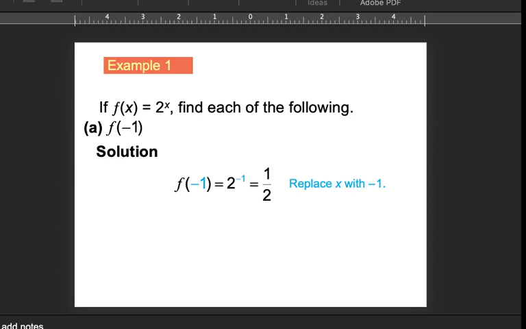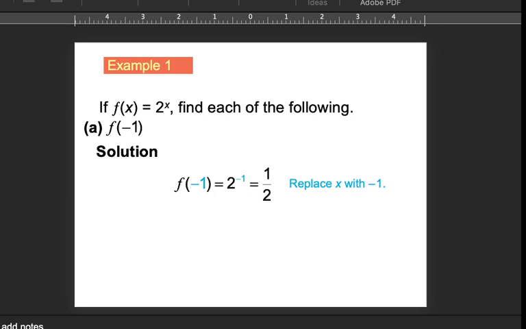Think of it as 2 to the -1 power over 1. If the negative exponent bothers you, just think of it this way: I have something over 1, so I have to put it in the denominator. But then my numerator becomes 1 because I was only dealing with a non-fractional value.